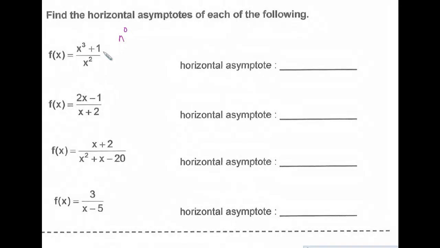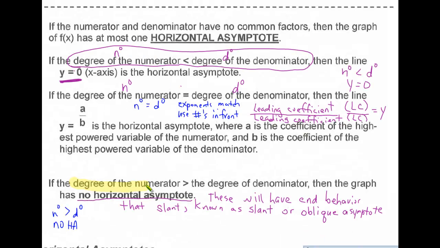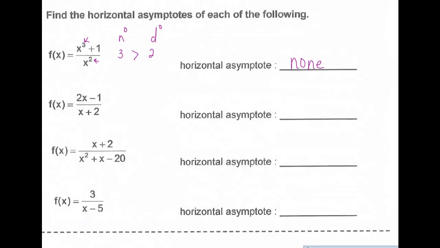The highest power of x in the numerator is 3. In the denominator, the highest power of x is 2. 3 is greater than 2. When the degree of the numerator is greater than the degree of the denominator, then the graph has no horizontal asymptote.